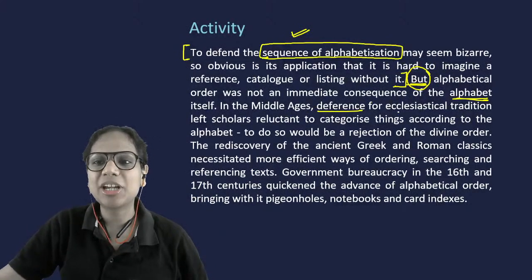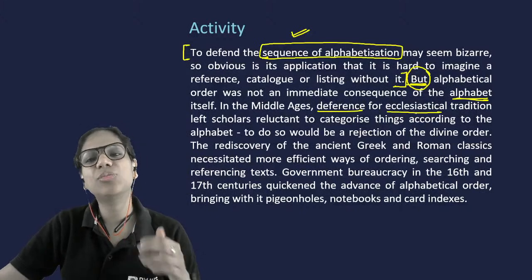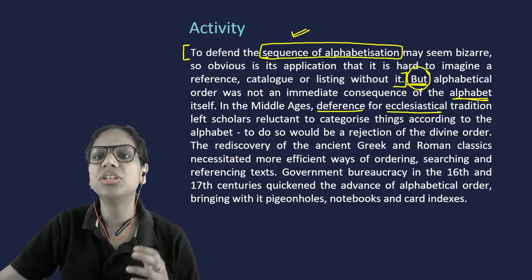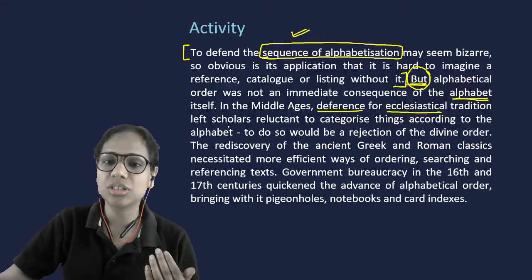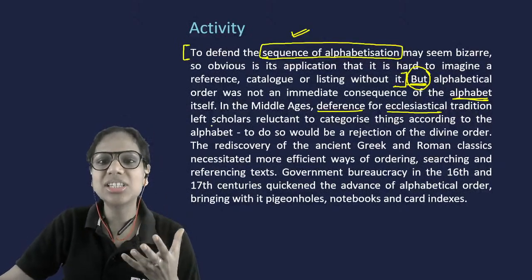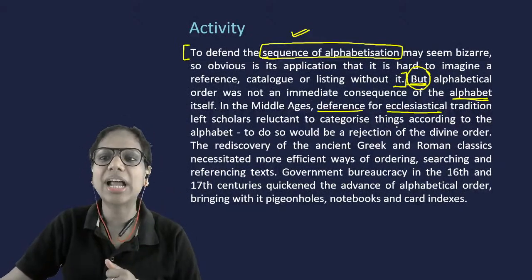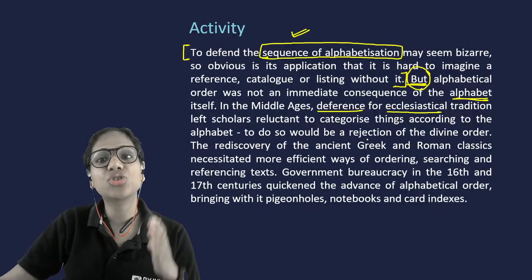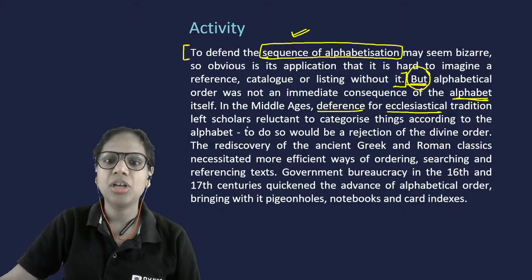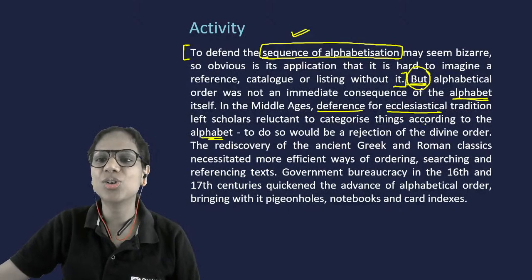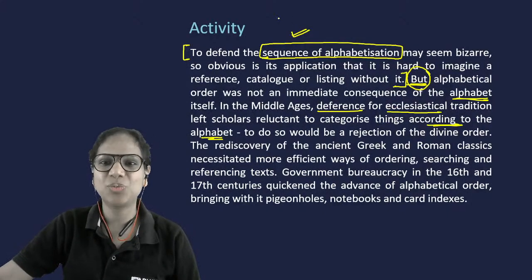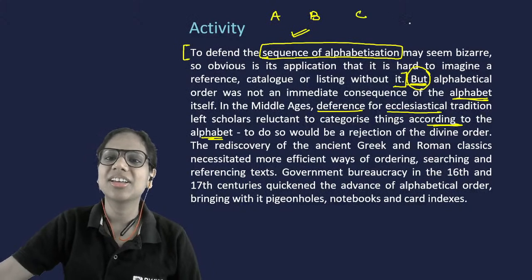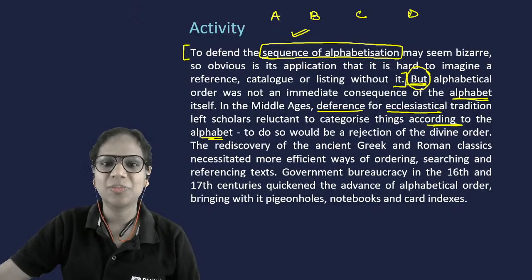Because of this respect for the church, ecclesiastical means related to the church, because of the respect for church's traditions, these traditions left scholars reluctant to categorize things according to the alphabet. To do so would be a rejection of the divine order. So we did not categorize things according to the alphabet, right? We did not order things as A, B, C, D.